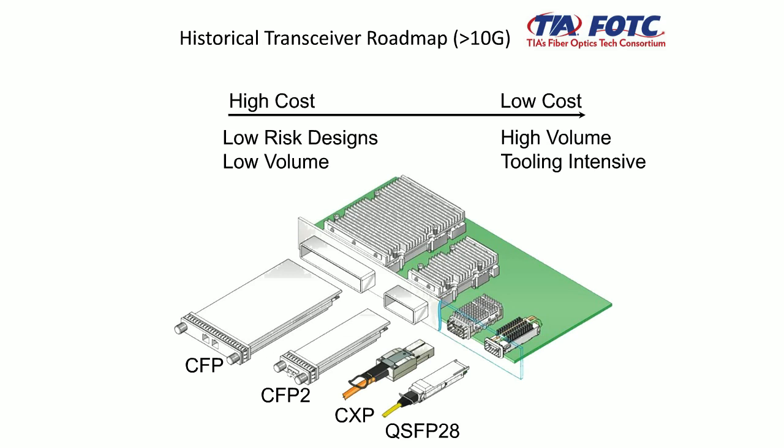So you're going from high cost, low volume designs to low cost, high volume designs. Now when that first 100 gig transceiver came out a number of years ago, I think it was 6 or 7 years ago, in the CFP footprint, a single device, a single mode 100 gig transceiver was almost $100,000. Now we're in the range of a few $1,000s.